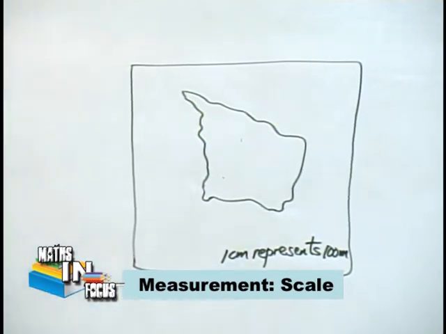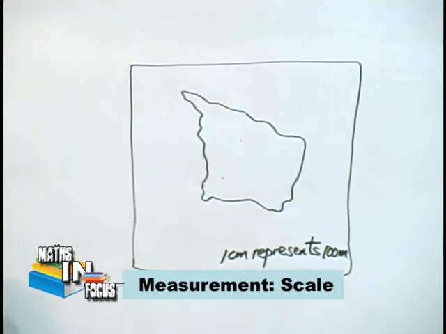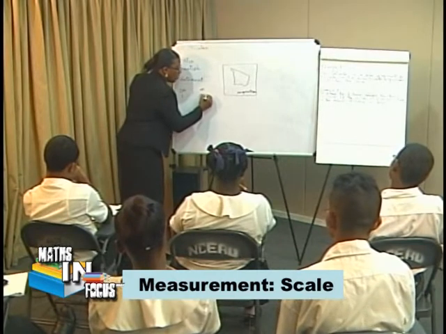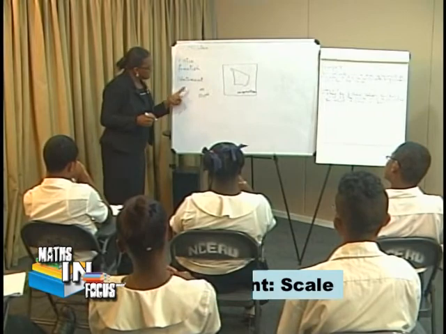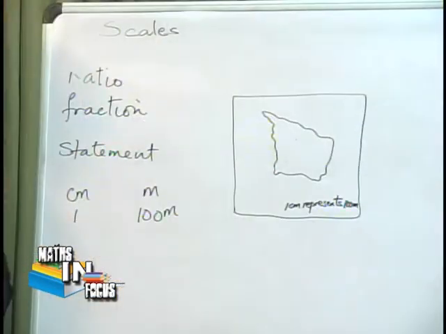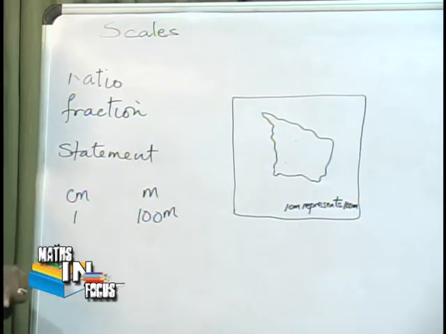Here we have centimeters and meters. We say 1 cm on the map is going to be 100 meters on the ground. Are the units the same? No, the units are not the same. So first we've got to make them the same.